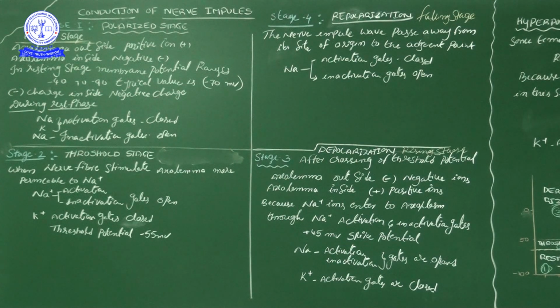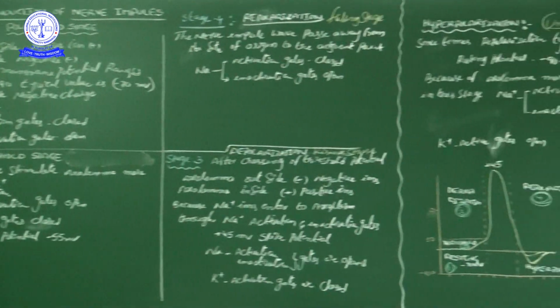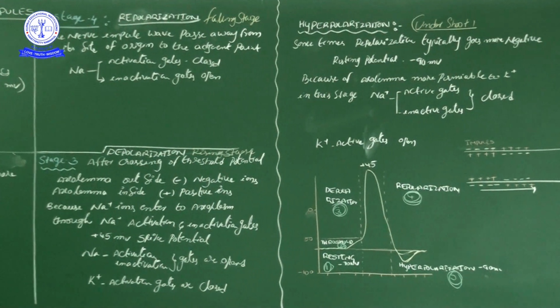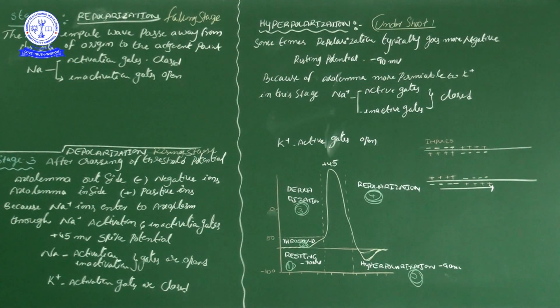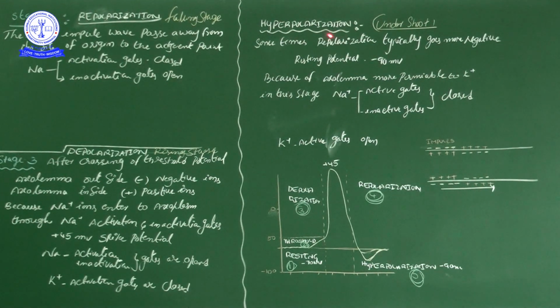When our neurons are in the overpolarization stage, they don't give any response to any stimulation. Okay, hyper means over, and hyperpolarization means over polarization. This is how we generally understand it.